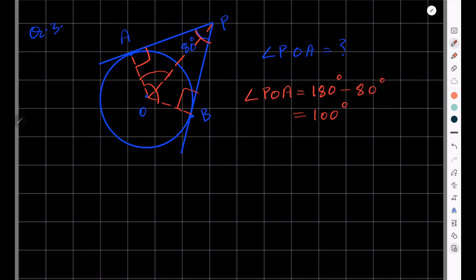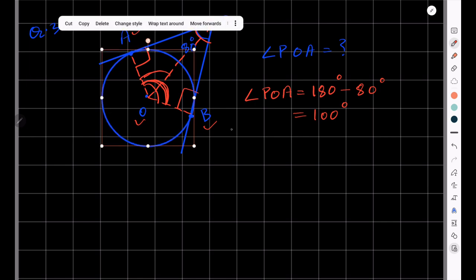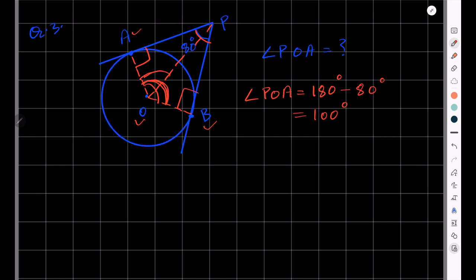Angle POA, actually I was wrong here. It is not asking this whole angle, which happened to be angle AOB. It's just asking half of that angle.